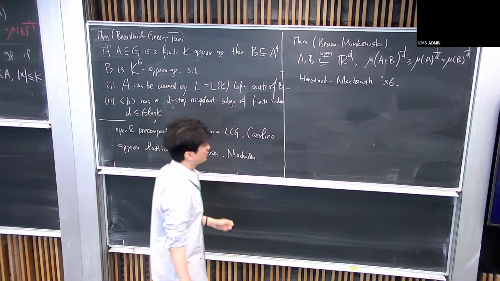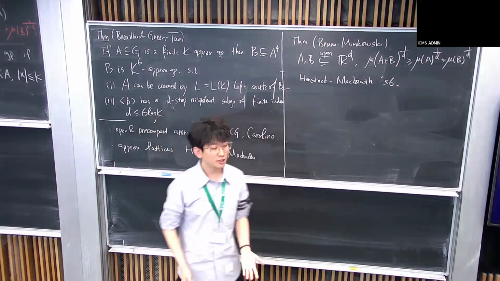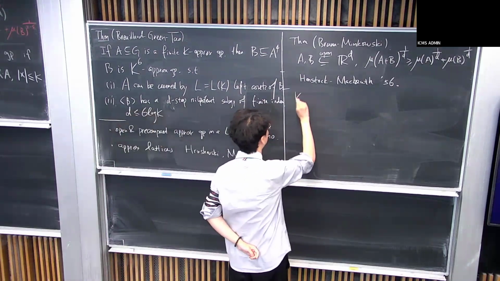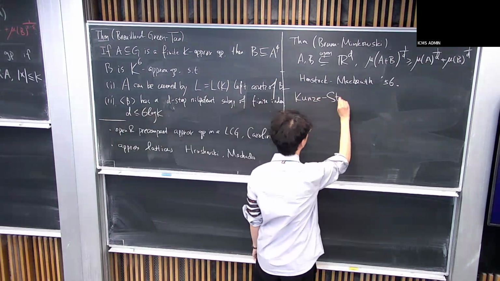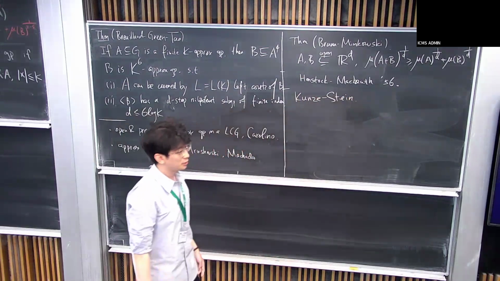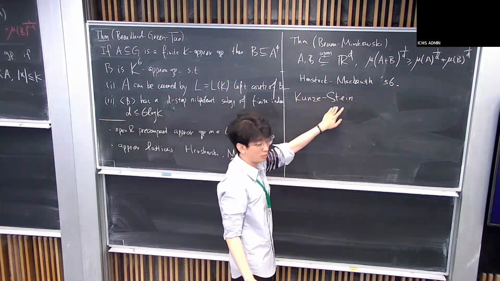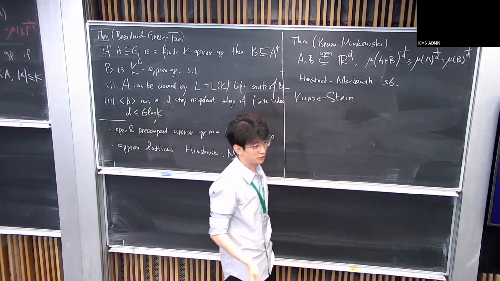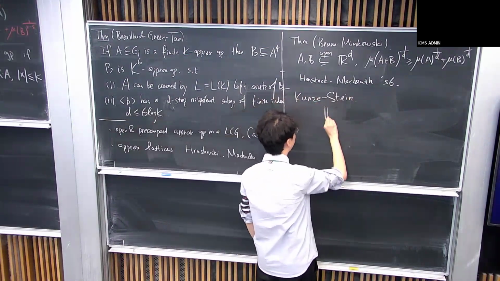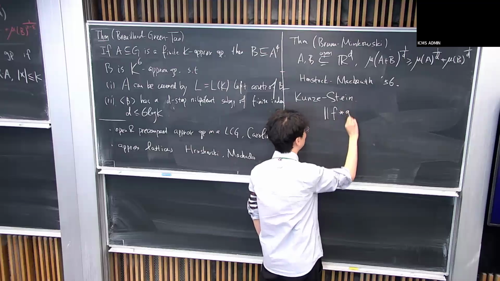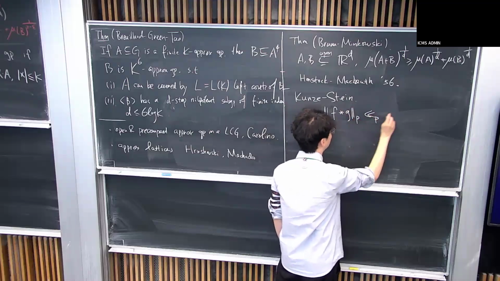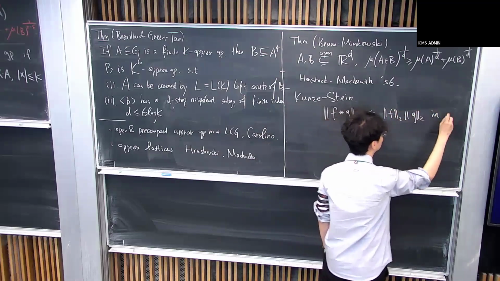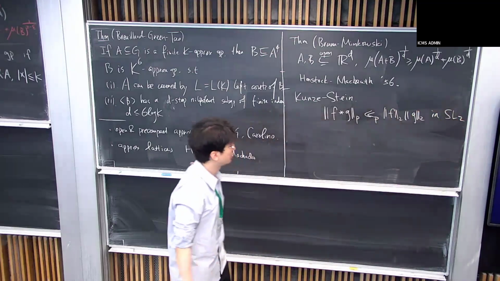And the third one we care about, and also your question about constructions, is a connection to harmonic analysis, which is called the Kunze-Stein phenomenon. The Kunze-Stein phenomenon, proven by Cowling, essentially tells us that if f and g are L2 functions on SL2, non-compact group, then for every p bigger than 2 a convolution inequality holds.